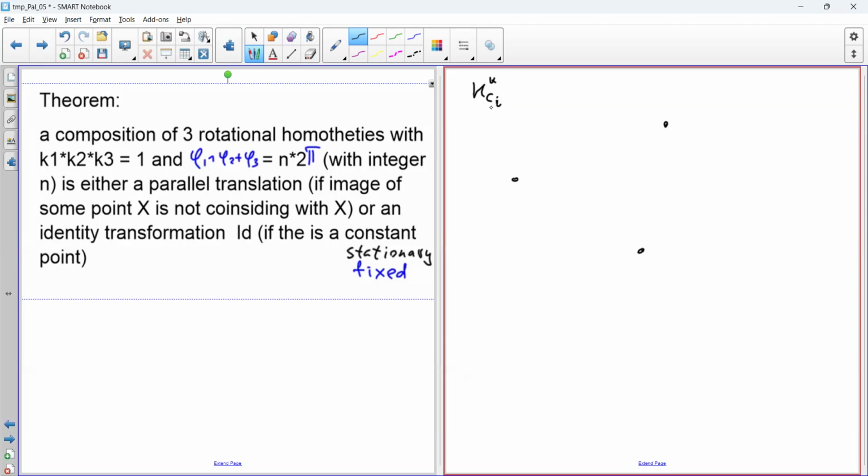The homotheties will have centers C sub I, coefficients K sub I, and angles phi sub I. Phi and K were introduced in the task, and here we say that C sub I is the center of the corresponding homothety.